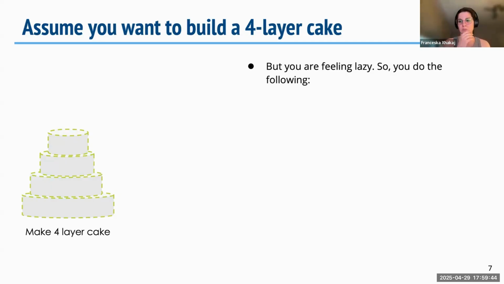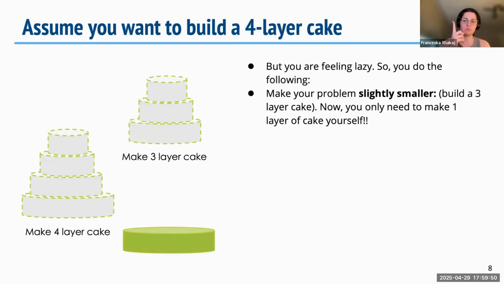So let's say you don't want to do that, you're being lazy. So what you're going to do is instead decide, okay, I'm going to do one layer and one layer only. So I only turn the oven once to bake one. And then I'm going to give one of my friends the other 3 layers. So I'm making the problem slightly smaller. I do one layer myself and I give the other layers to some other friend.